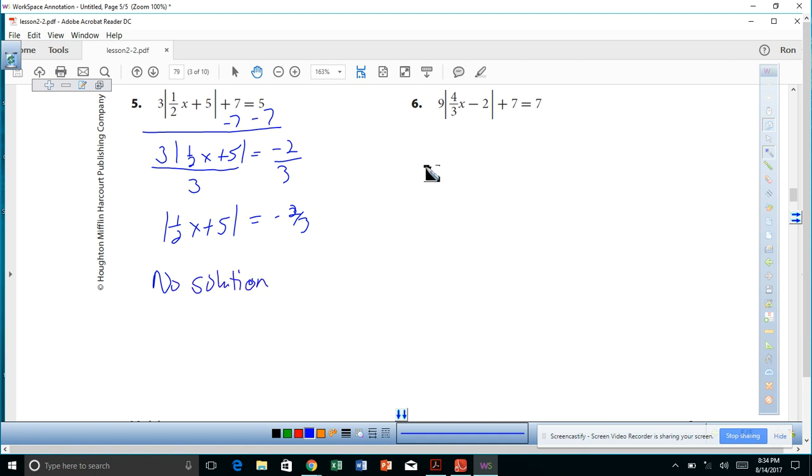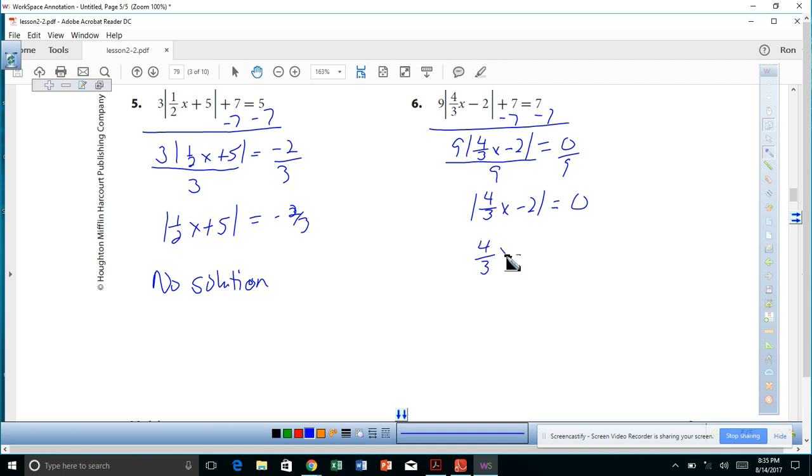All right, no solution. Now let's look over here. Let's subtract 7 from both sides. And we got 9 times the absolute value of 4/3 x minus 2 equals 0. We can divide both sides by 9. And we got the absolute value of 4/3 x minus 2 equals 0. So we just got one case here. 4/3 x minus 2 equals 0.